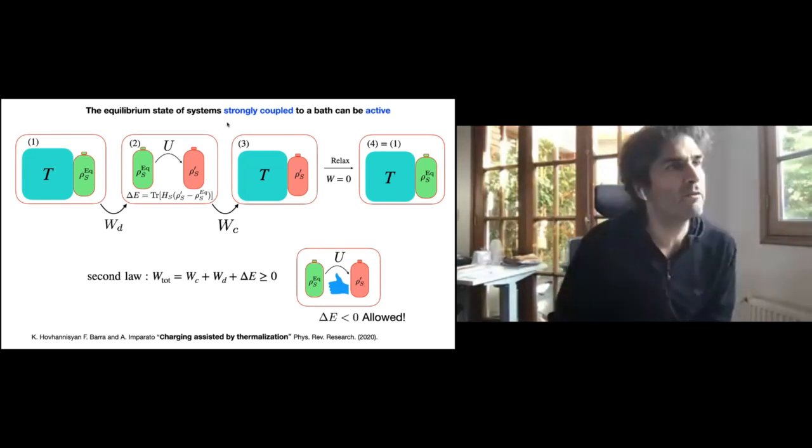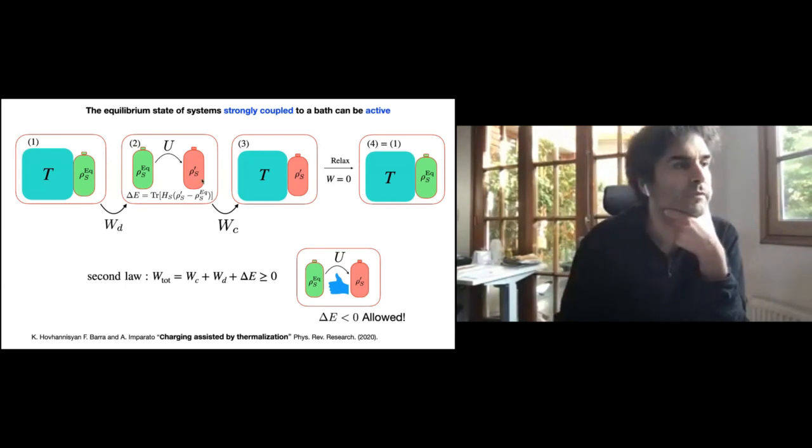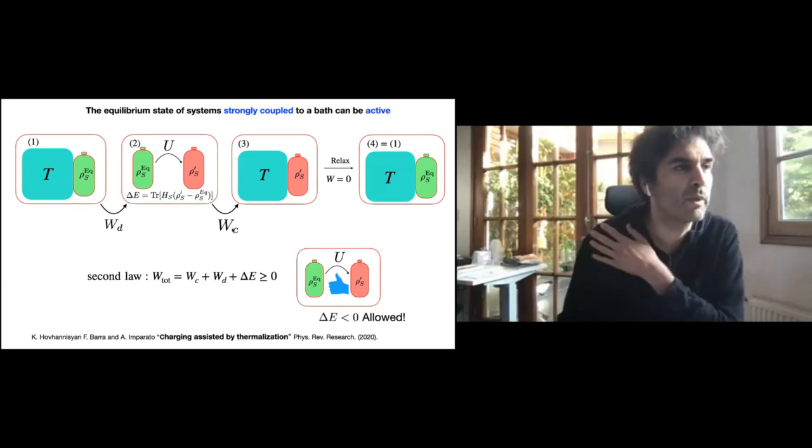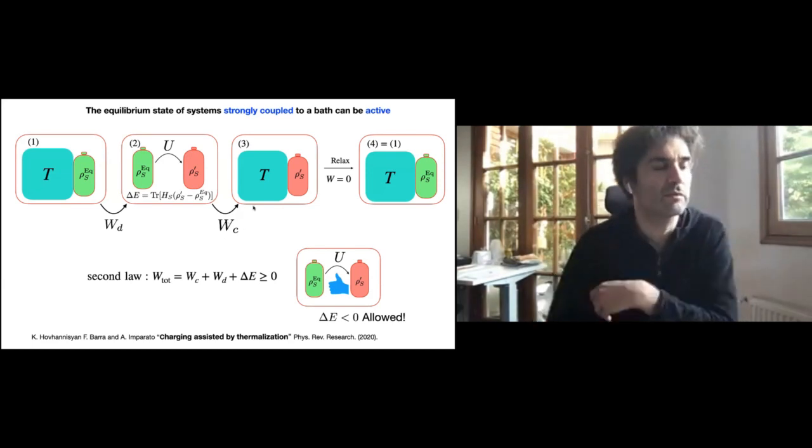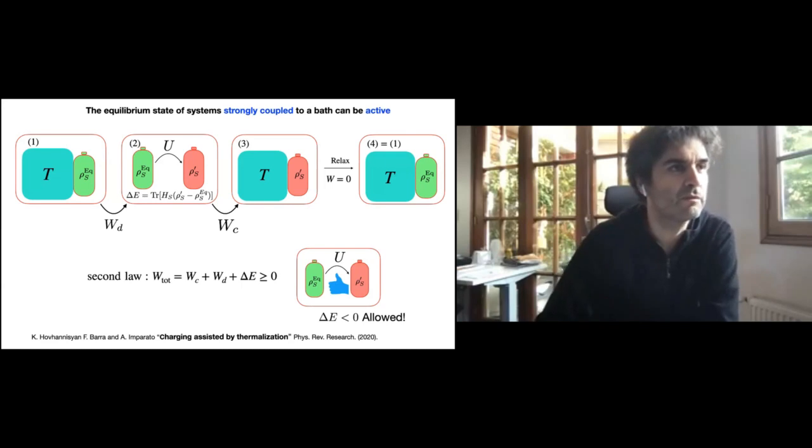If our system is now strongly coupled to a bath, then to disconnect it from the bath, we have to pay some energy. Then we change the energy of the system here. We connect it again to the bath. We will have to pay some energy to do that because we have to turn on an interaction. And then we wait for relaxation.